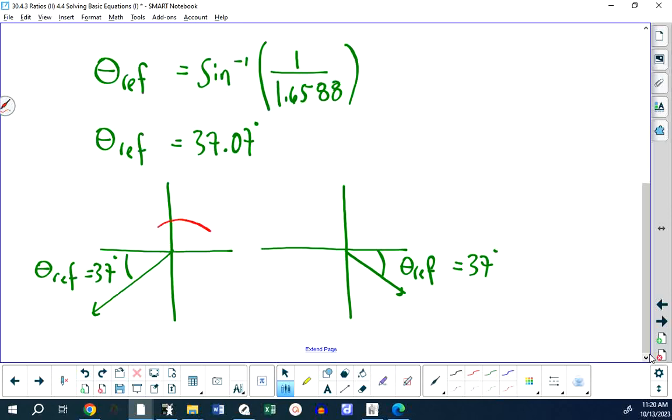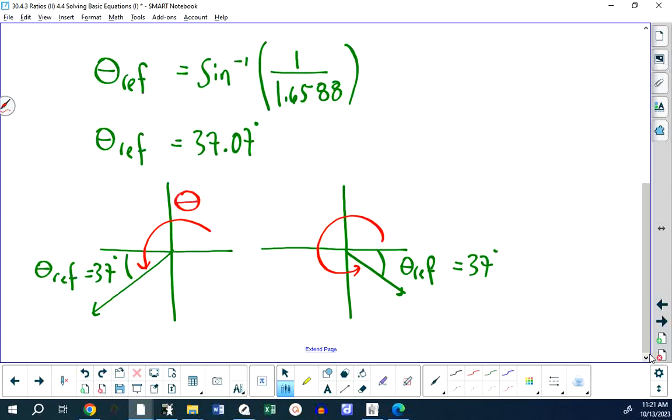And then the rotation angle will be this and that. Finding those two rotation angles is child's play. For the first one that is in quadrant 3, you're going to take 180 plus the reference angle. And for the one that's in quadrant 4, you're going to take 360 minus.